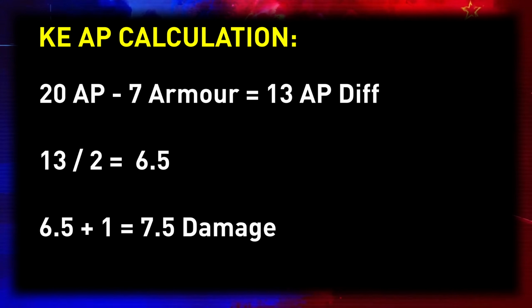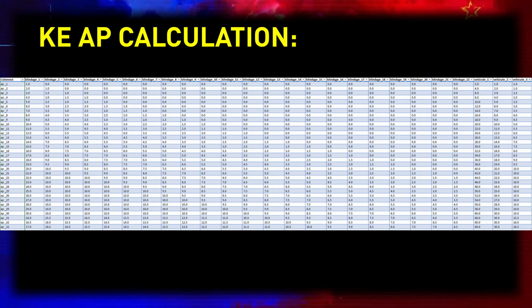If we take our previous example of 7 armor and 20 armor penetration but kinetic energy this time, we would do 20 minus 7, which gives us 13. We would divide that by 2, giving us 6.5, and then we would add 1, giving us 7.5 damage in total. Nice and straightforward, and again, here is a table for that, and I'll include the link down below.